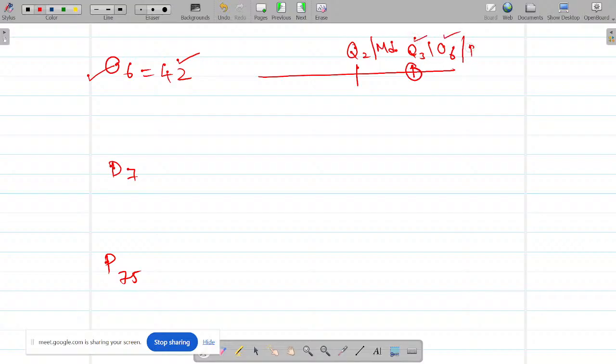Not only that, P75 also will be the same value. This was often asked in the exam. Probably the value of data is not given. The positional average, the O6 of the data is 42. What is quartile 3 was asked. O6 and quartile 3 are denoting the same position. So this is also 42.